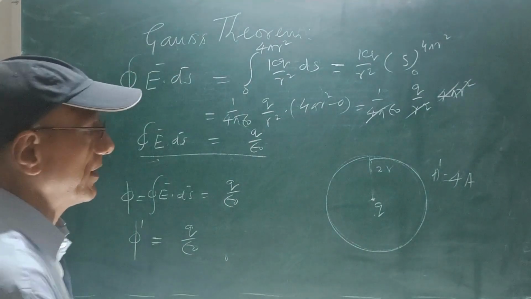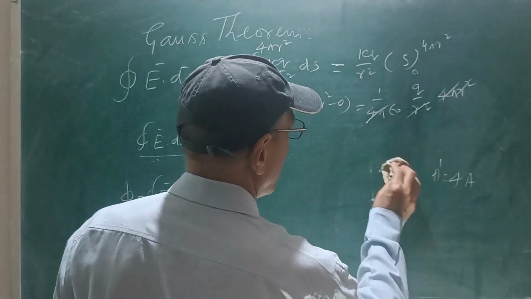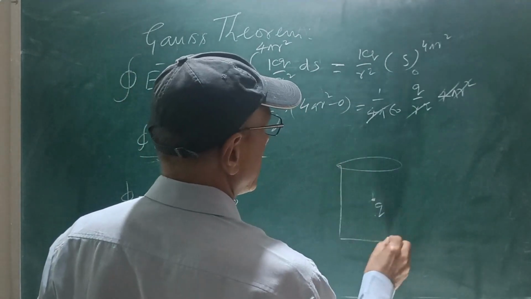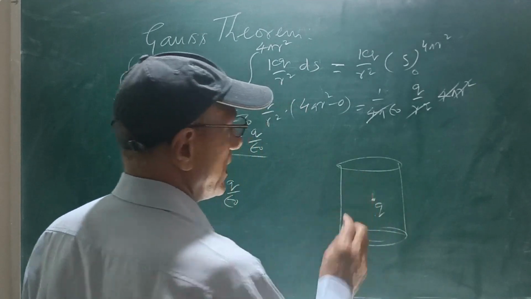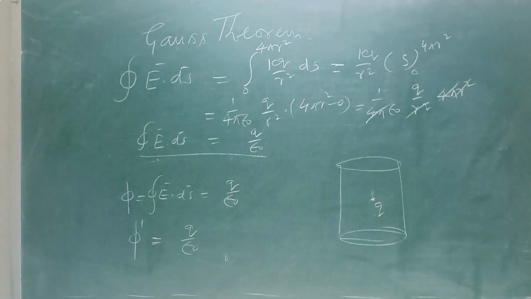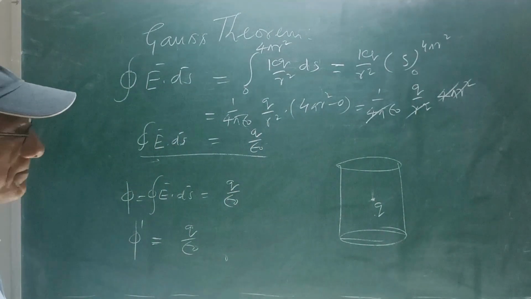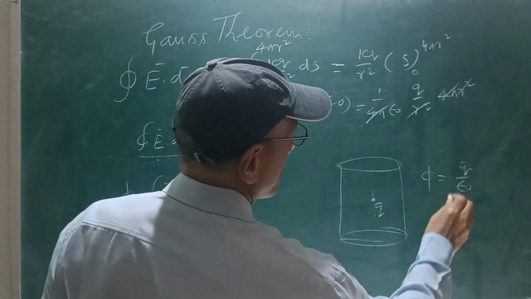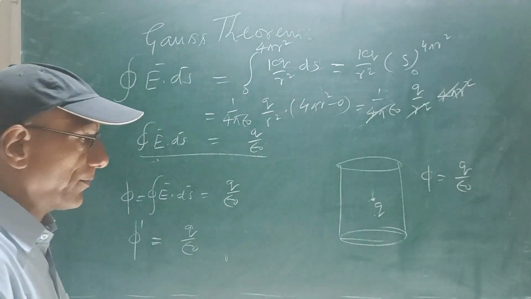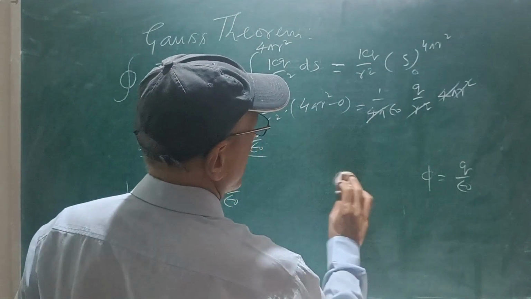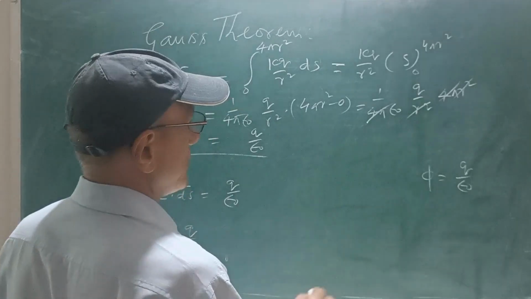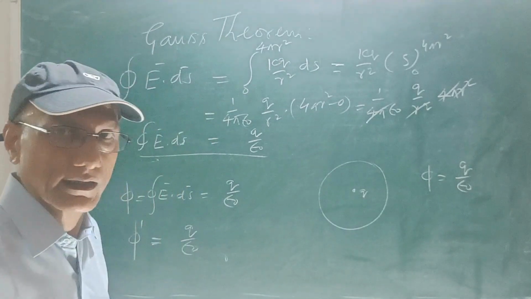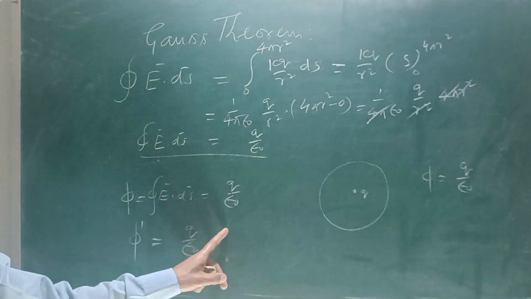Now, if I change this surface to a cylindrical surface, keeping the charge the same way, what will be the flux this time? Again, flux is Q by epsilon naught. Suppose in case of the sphere, the charge was at the center, then flux was Q by epsilon naught.